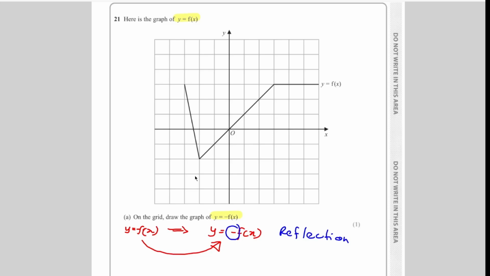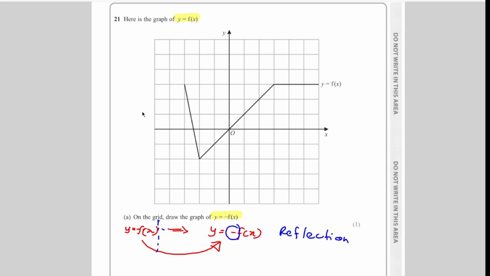In the same way, you have your original function, you place a mirror in front of it, and you get an image of the original function.